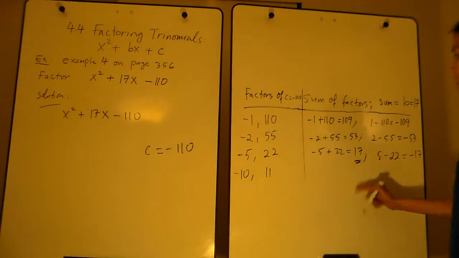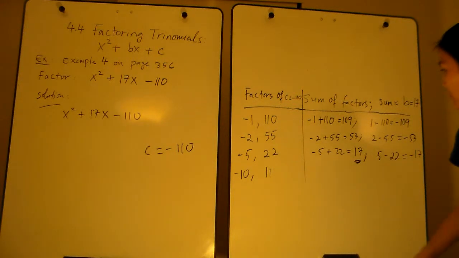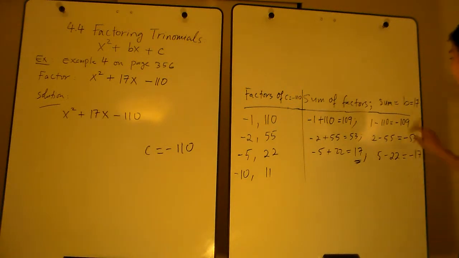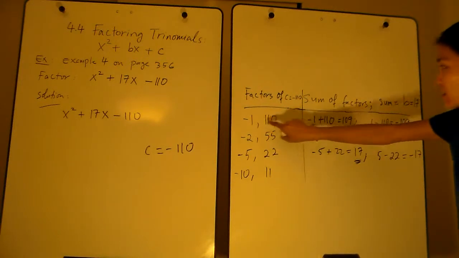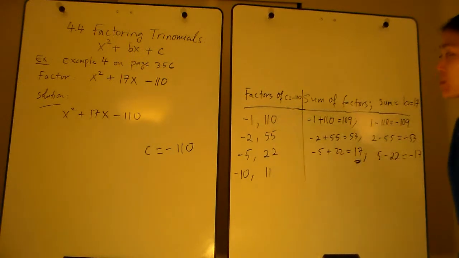Now, when you found it, you don't have to worry about the rest. When you're looking for the right factors whose sum equals b, you can scan through and see which one is possible. When I look at it, I know that the sum of 1 and 110, or the other way around, no way I'll get 17.